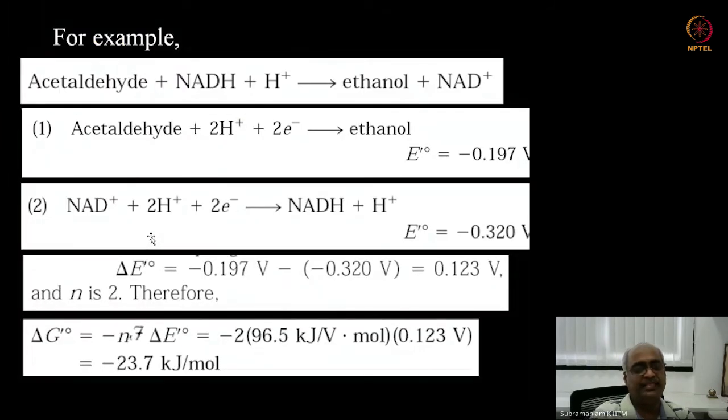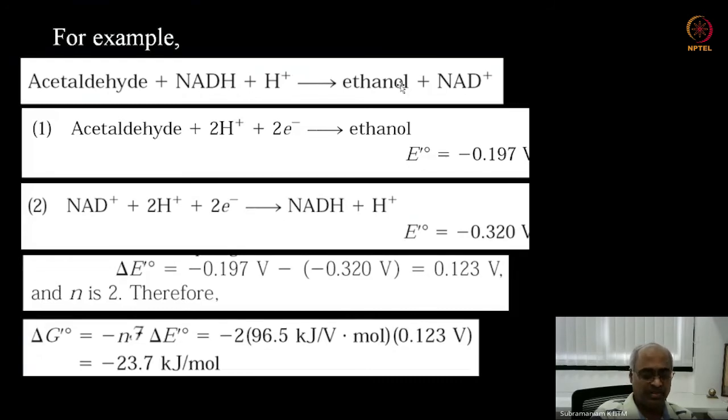So here is an example. You have acetaldehyde and ethanol. This is the typical reaction that happens in yeast fermentation to produce alcohol: acetaldehyde is reduced to ethanol, or ethanol is oxidized to acetaldehyde.